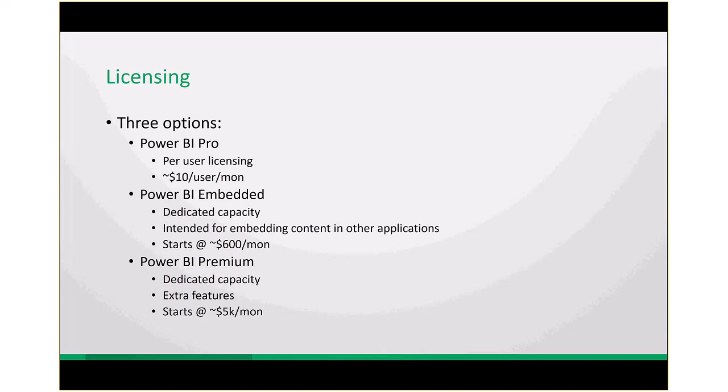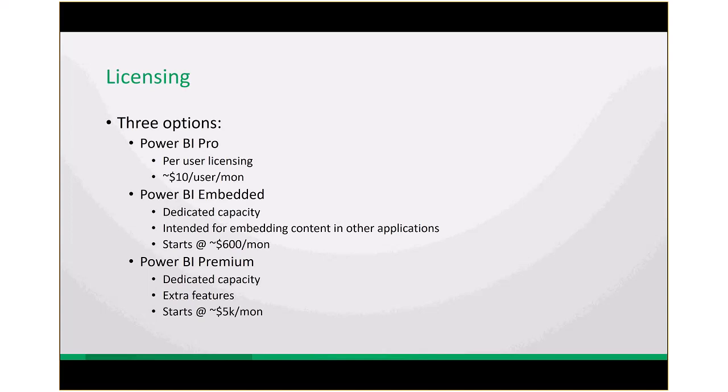And then sitting somewhere in between is the Power BI Embedded licensing option. Like Premium, it gives you dedicated capacity, but it's intended solely for embedding Power BI content in other applications. So if you're an ISV and have your own website or application, and you want to do analytics in Power BI and embed those into your application, this may be a way to go. Again, this is not a per user licensing model.